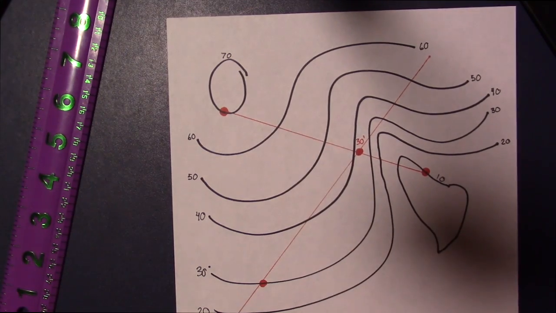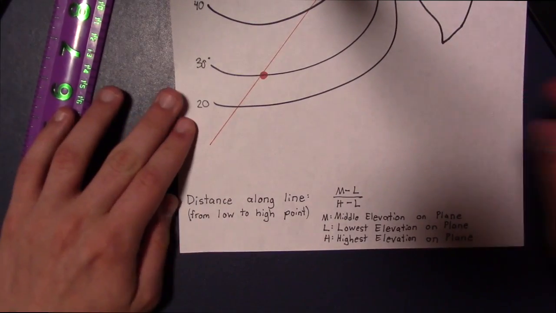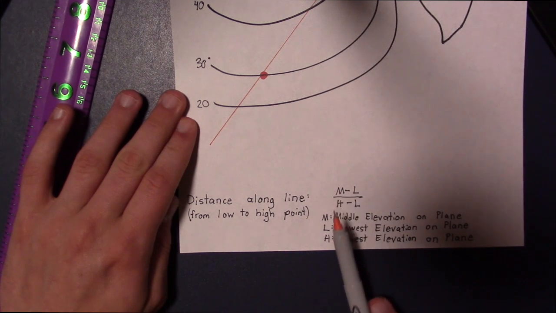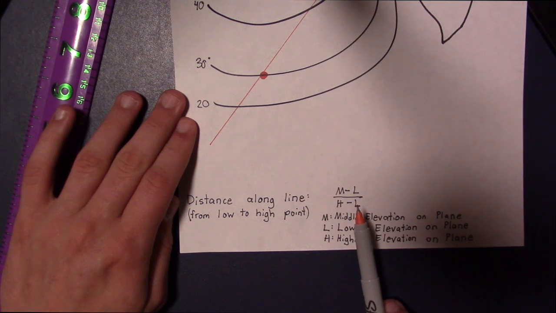And the way that you can figure out that fraction is by using this formula down here. Specifically, it's our medium minus our lowest point divided by our highest elevation minus our lowest elevation.